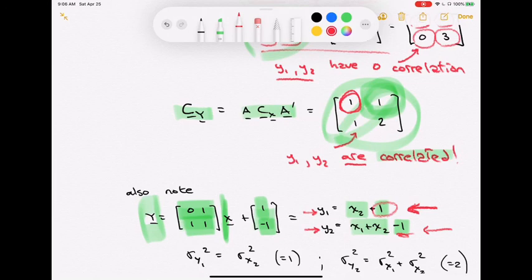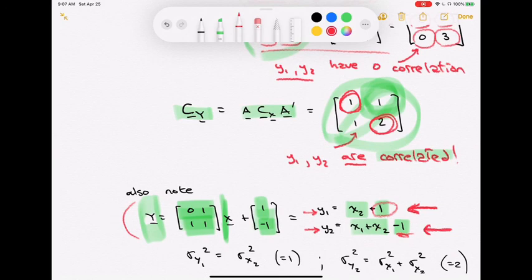So the variance of that whole right-hand side is just variance x1 plus variance x2, which is my variance of y2. The variance of x1 and the variance of x2 are both equal to 1. Add 1 and 1 together, you get 2. That's why we get this 2 down here. We can see it easily from just doing some basic operations on our original linear transformation expression. Okay, what else do we see in here?